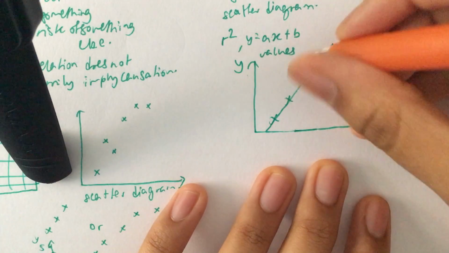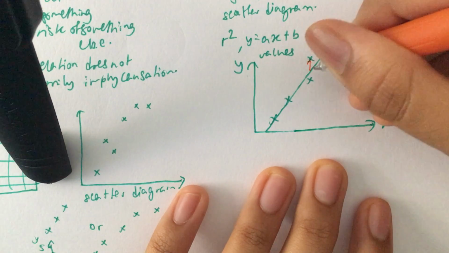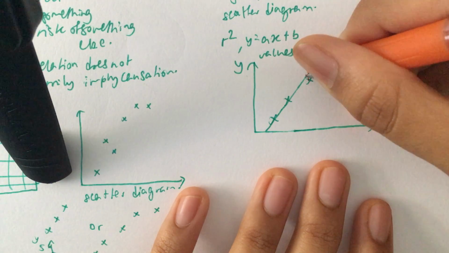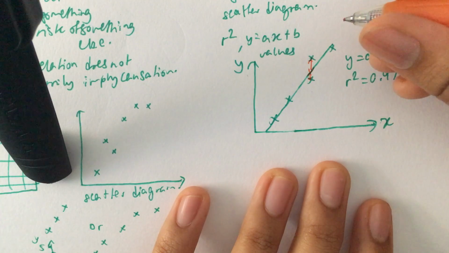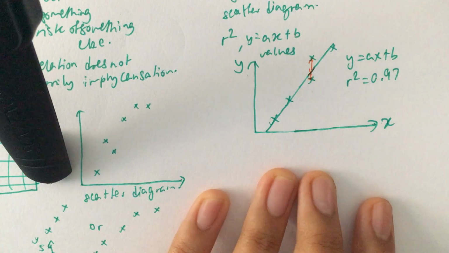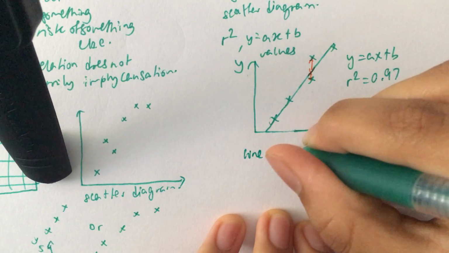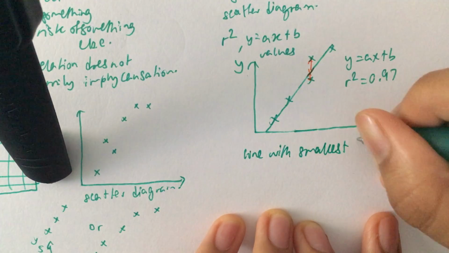Let's say for x equals 4, maybe y on the line is 1, and then y on the point is actually 3. So you say, oh, there's a difference of 2. And you do that for each of the points, and then I think you square the differences, and then add them, and then square root that or something. And then you do that for many other lines until that difference is as small as possible.